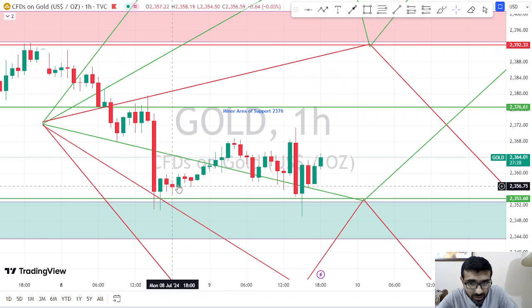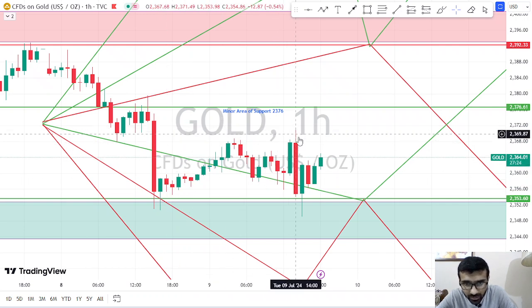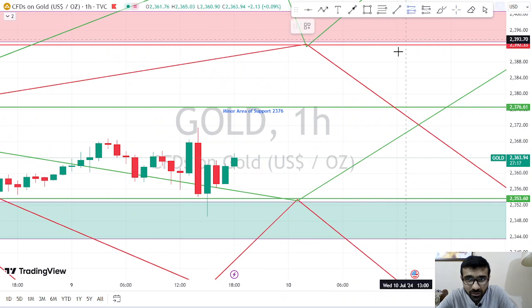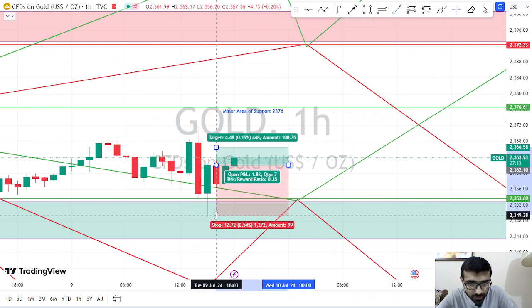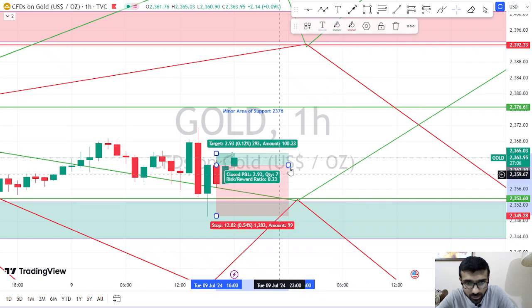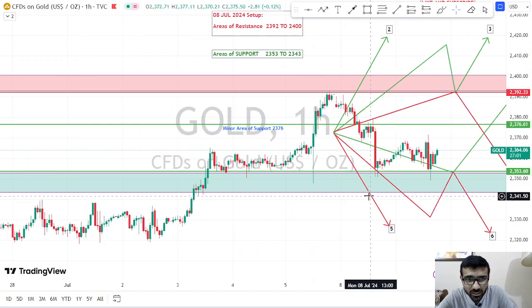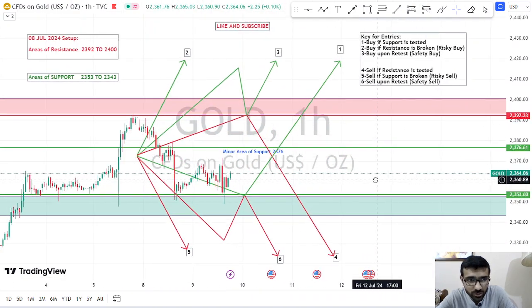Okay, then market stayed above our area of major support, and then market gave us a second opportunity after market tested our major support area once again over here, and this trade would very well still be running. Our stop loss will be just below this previous candle, and our take profit would have only gone to 0.23% so far. Okay, so we are still bullish in this gold pair, which is the gold versus US dollar.